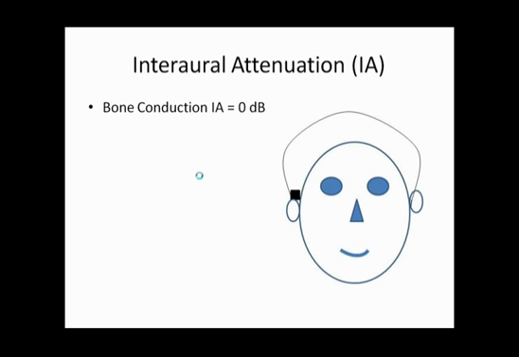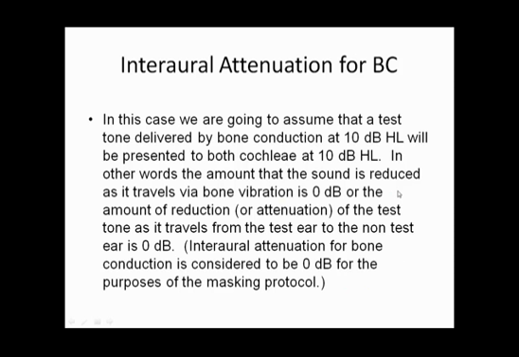So the interaural attenuation that we use when we determine the need for masking is 0 dB. So we're going to assume that a tone presented at 50 dB HL via bone conduction here will be received also at 50 dB HL over here. In this case, we're going to assume that a test tone delivered by bone conduction at 10 dB HL will be presented to both cochleae at 10 dB HL.